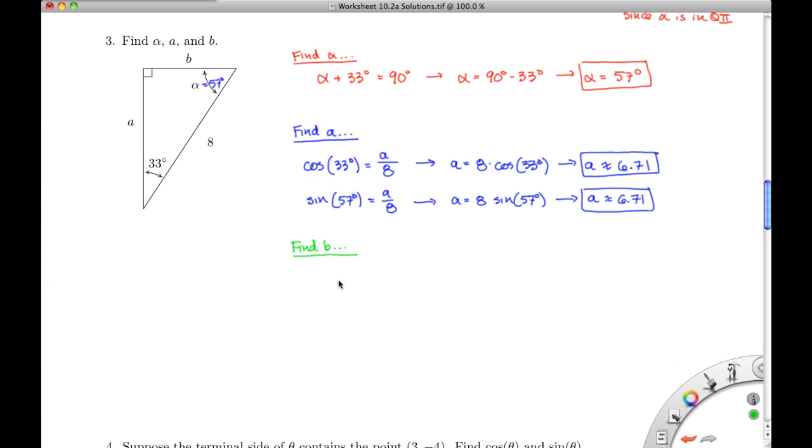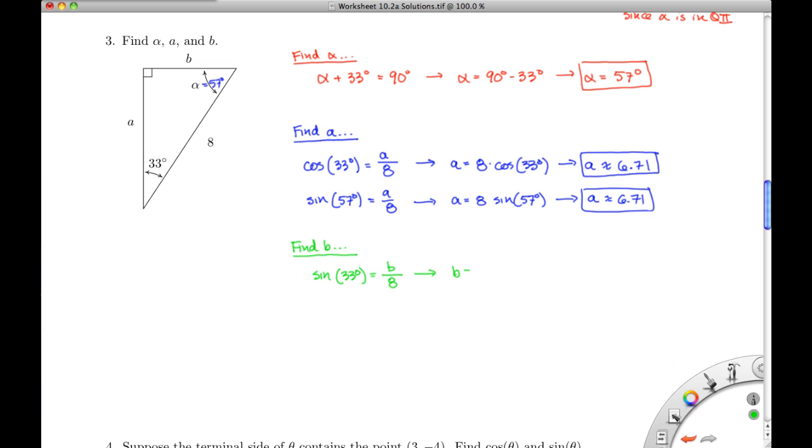Now finding B, now that we've got A and alpha, we've got lots of options here. One thing we could do is use the Pythagorean theorem. That's fine. We could use either of the 2 angles, 57 or 33. I'm just going to go ahead and use the sine of 33 degrees, because that's going to have to be equal to the opposite side of 33, which is B, divided by the hypotenuse, which is 8.